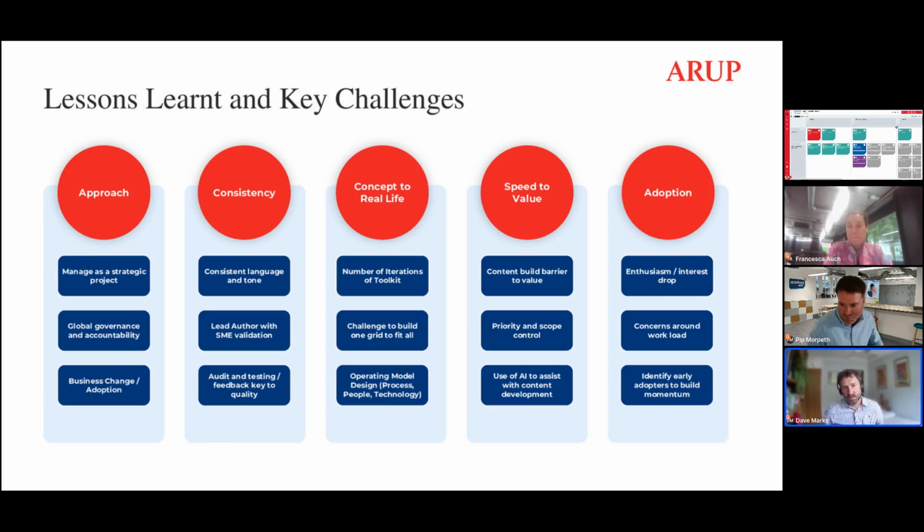I think it's that sense of ownership that I talked about earlier that was really key to us, and just on that operating model thing, I'm probably a bit of a stuck record on that, but you have to have it front and center of your mind during the content build, because you can run away with yourself and want to put lots and lots of stuff in the toolkit, but you have to keep returning to the question, what are people going to use it for? What is the intended use case?